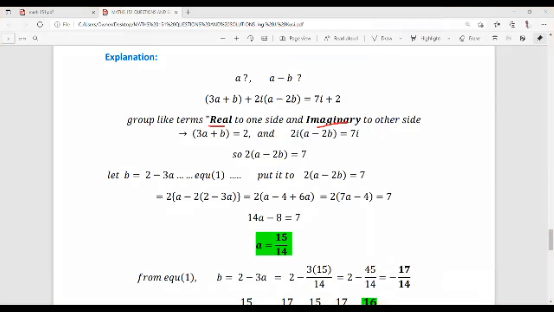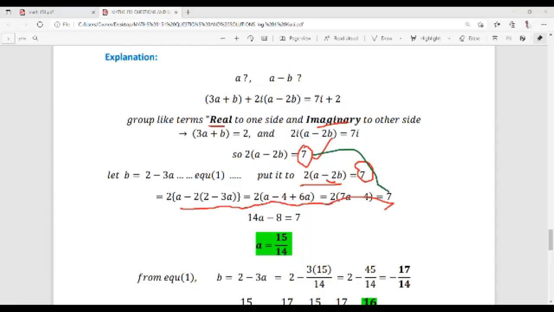When we get to this part, we said 2a minus 2 into bracket a minus 2b is equal to 7, according to this one. When you do all the substitutions here, you come and pick your 7 and bring it to this side.